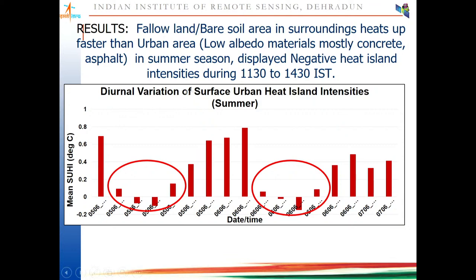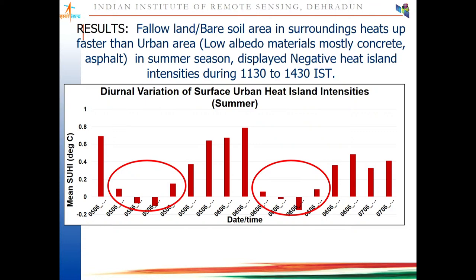Now when we studied the diurnal profile of surface urban heat island intensities, in summer season we can see that during morning time, 11:30 to 2:30, it has displayed negative heat island intensity, and that is basically because urban materials are low albedo materials and they absorb heat during this time.